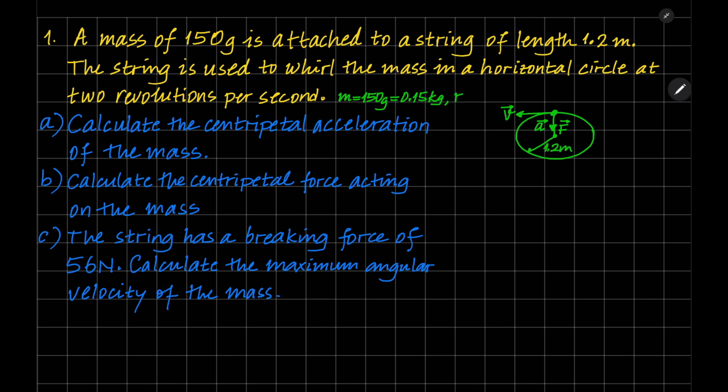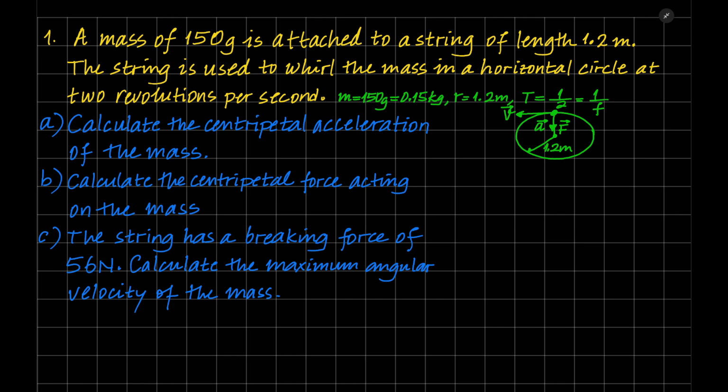That means R is equal to 1.2 meters. And also it says 2 revolutions per second means the frequency of the revolution is 2. And that means the period of the motion is 1 over 2, which is equal to 1 over F, the frequency of the motion.